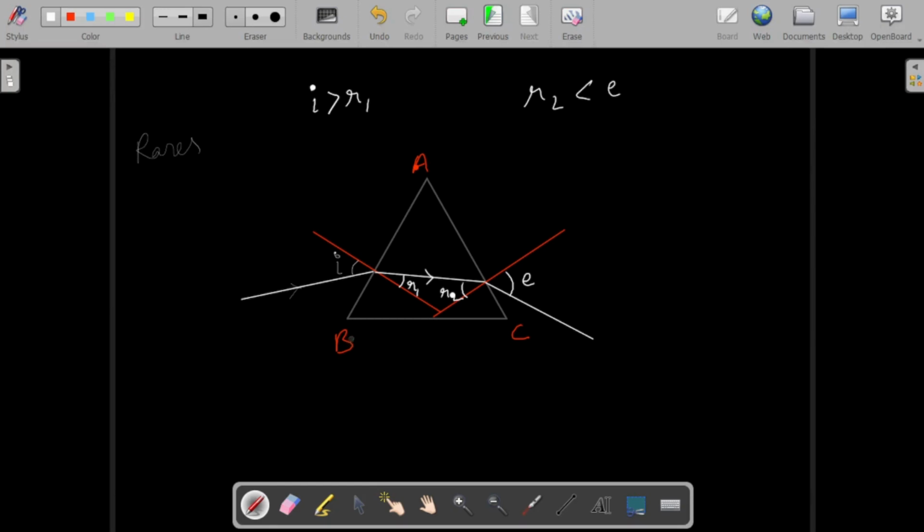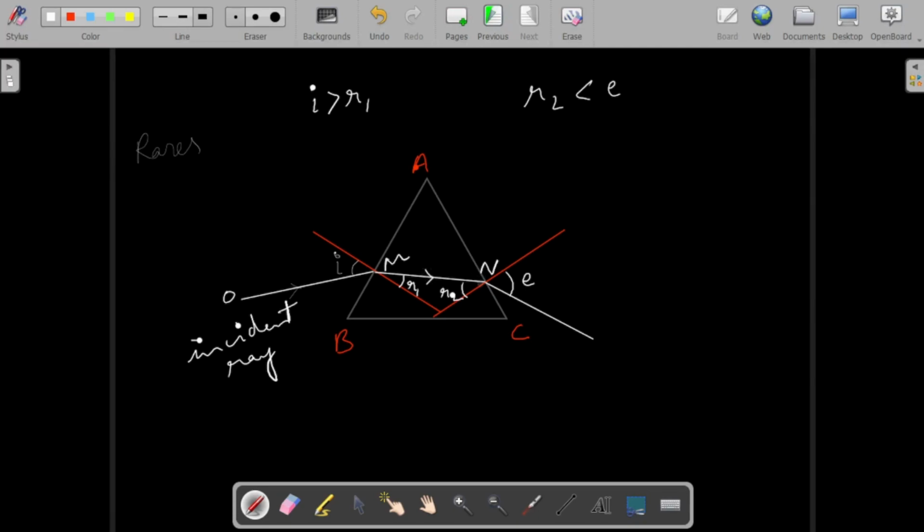Now we have seen this ray of light. Pardon my writing because I am not habitual of writing on this pen tab, so please bear with me. This is the incident ray which is traveling from O to M. After refraction at M, it follows this path, name it MN.